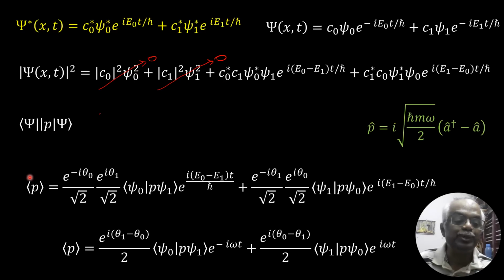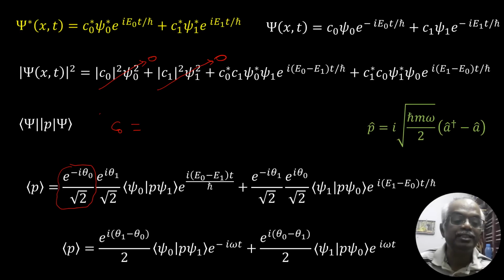Now if you take the expectation value of p, we have seen at the beginning of our lecture that c0 is equal to this one.